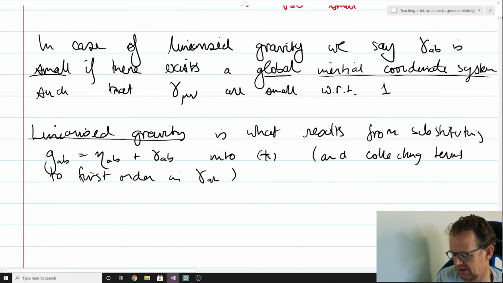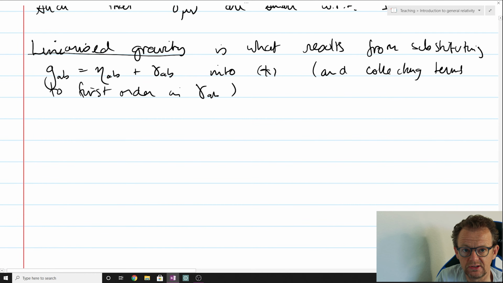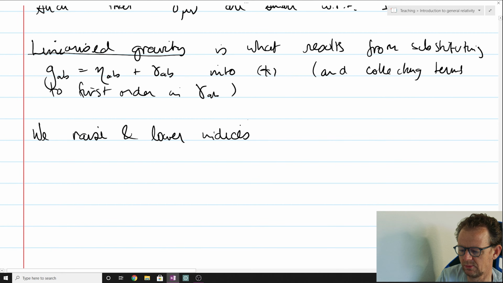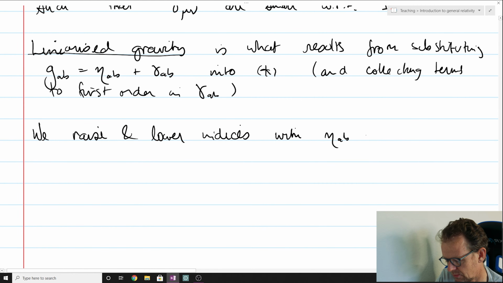So there's a couple of computational subtleties that we have to highlight when working in linearized gravity. We should technically raise and lower indices with G, right? Raising and lowering is always done with respect to the metric G, but we can get away with raising and lowering with respect to eta AB because everything's small, and that works almost all the time.